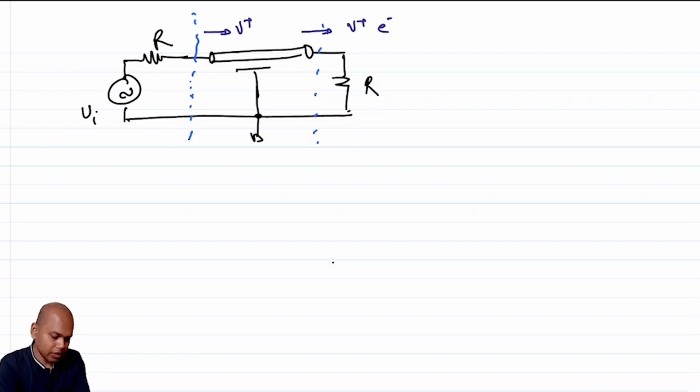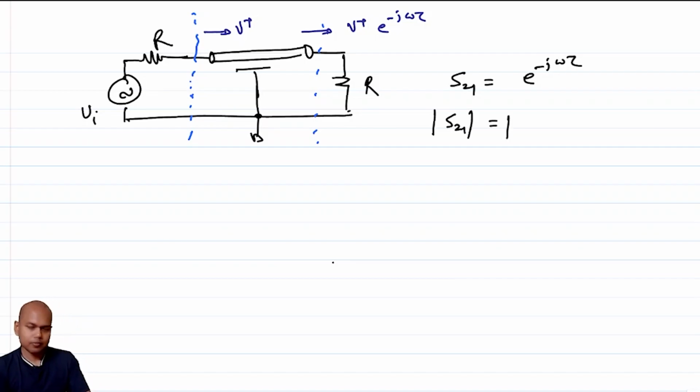This is V plus e power minus j omega tau, right? Where tau is the length of the delay of the line, and there is no reflection, which means that your V naught is also equal to V plus e power minus j omega tau. So what is S21? S21 is essentially e to the power minus j omega tau, or mod of S21 is equal to 1.